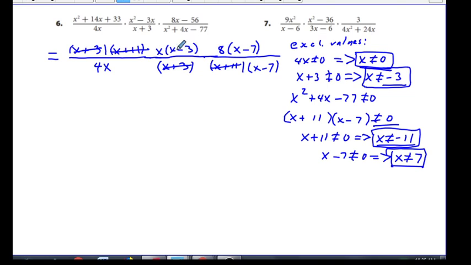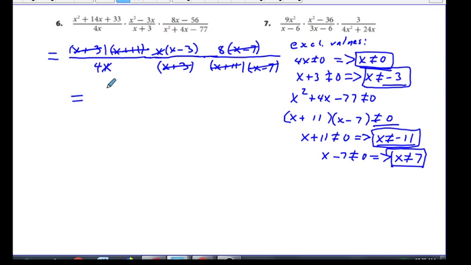X minus 3, I don't see that canceled anywhere. But this x, right? We have x here and x here. We can cancel that and that. And now we have this x minus 3 looks like it's uncancelable. But we have this x minus 7 over x minus 7.